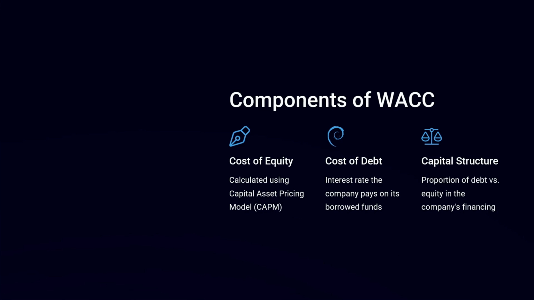It's adjusted for tax because interest expenses are tax deductible. And third, capital structure, which is debt versus equity, because companies finance their operations through a mix of equity, selling stock, and debt, which is loans or bonds. So when calculating the WACC, we consider the proportion of each one of them.